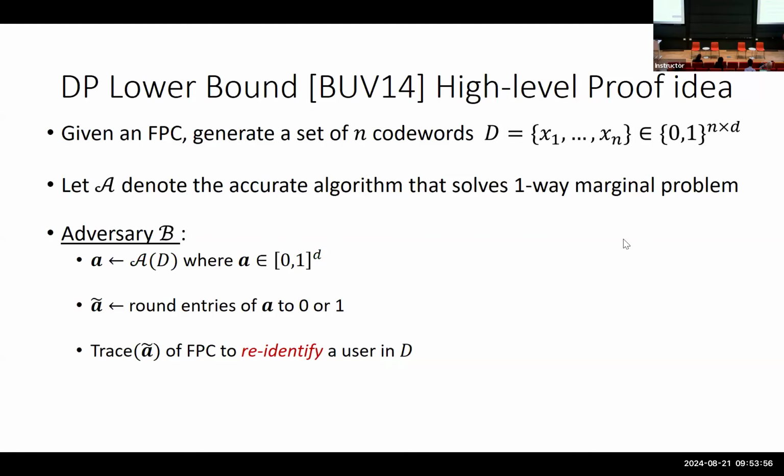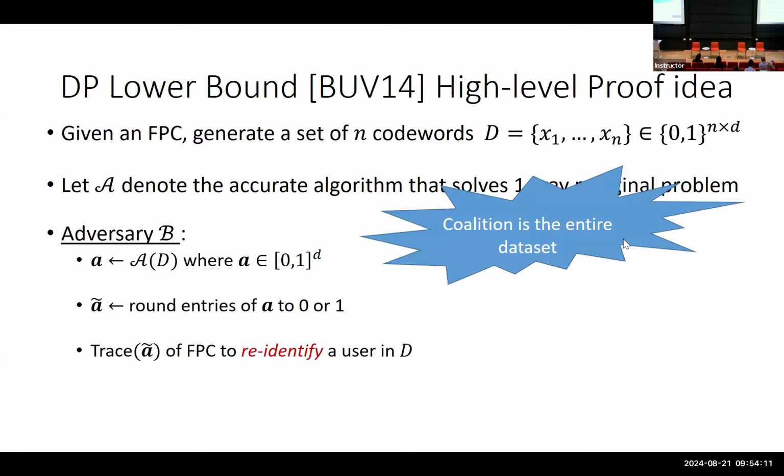Now, to use the trace algorithm, the output is fractional, so we round the entries to 0 or 1. That gives us tilde A, but there are two important points here to get to the next step, to use trace. The first is, notice that here the coalition is the entire data set, so the trace algorithm is actually tracing someone in the entire data set.